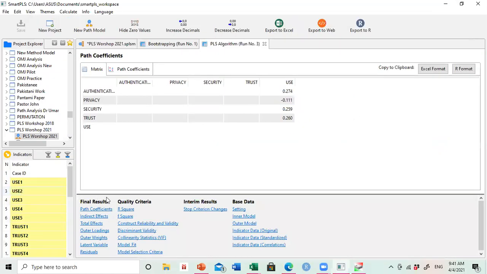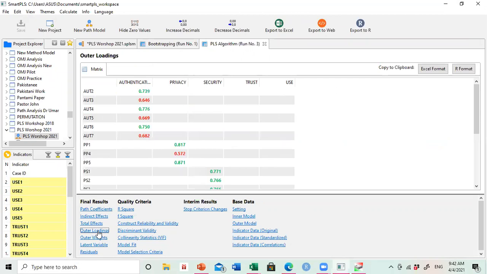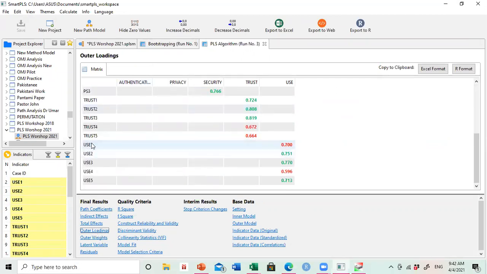Down here there's outer loadings. You click outer loadings and look at the items. You see, item number 4 is less than 0.6. It is still less than 0.6.